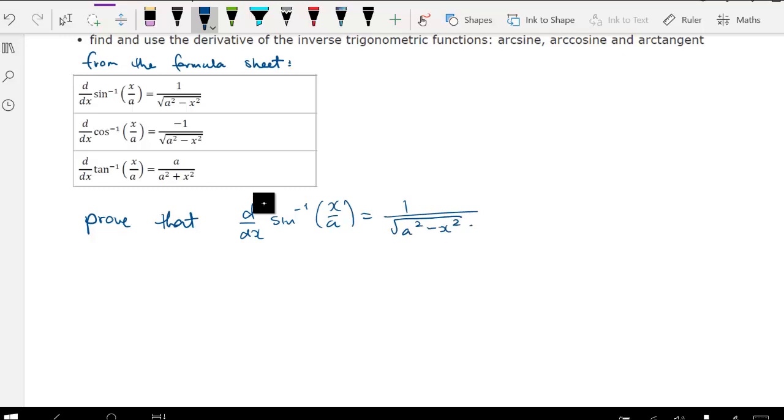Okay, so we'll start by saying that y is equal to arc sine of x on a. Now we should know straight away here that because it's arc sine, the range of this function, so y is an element of negative pi on 2 to pi on 2.